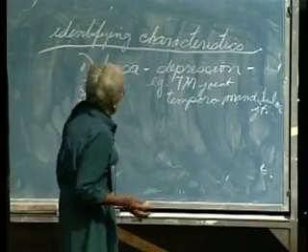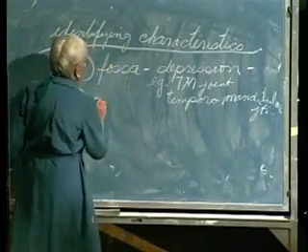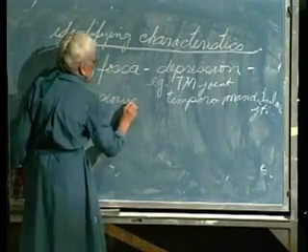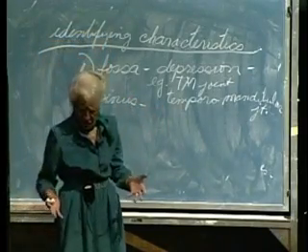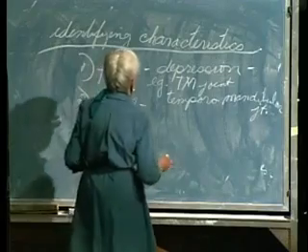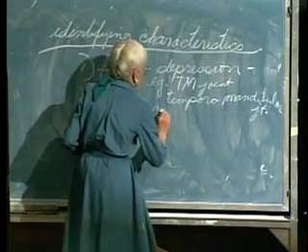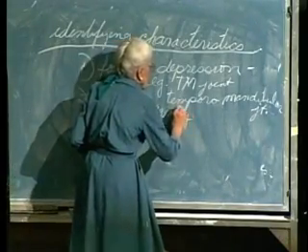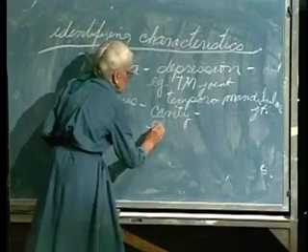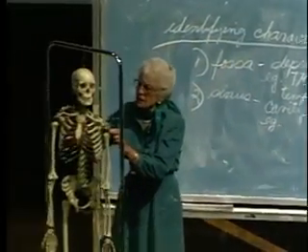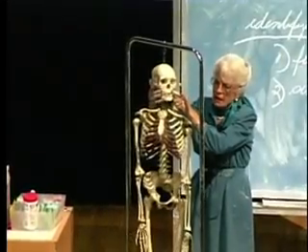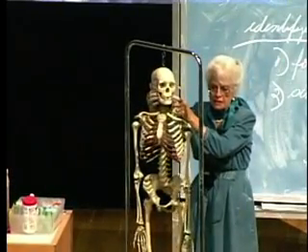Let's take a sinus. What's a sinus? There are all different kinds of sinuses in the body, but with the skeleton, the sinus will be a cavity in the bone. What's the example we're going to take? We're going to take the maxillary sinus. How many have had infected sinuses?